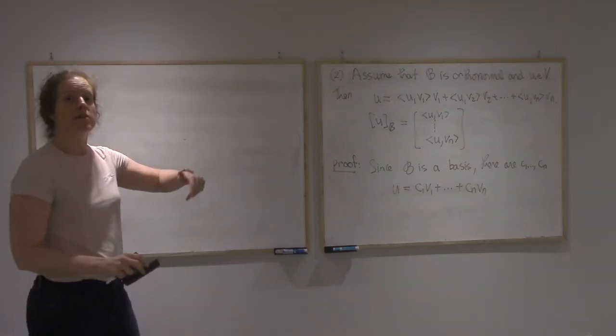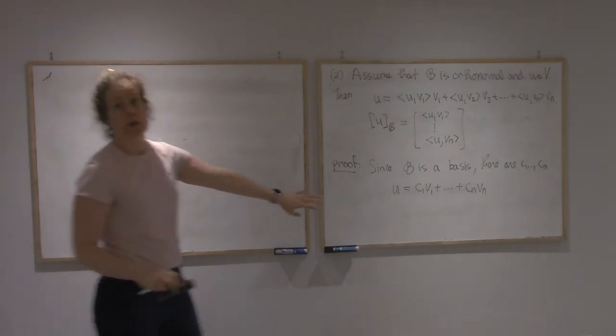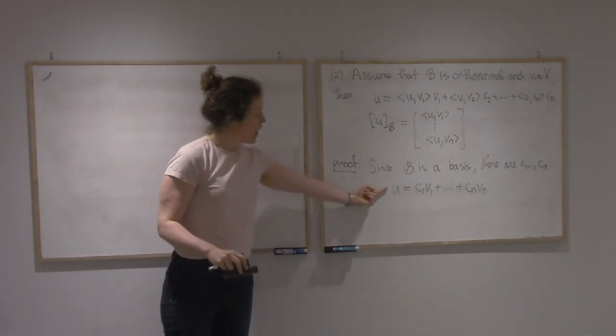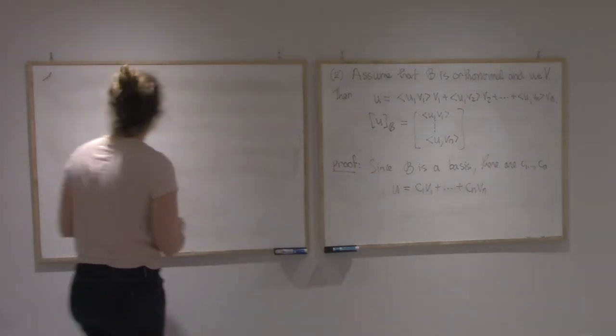So I'm going to do the same thing we did with our zero linear combination in the last proof. I'm going to dot this with Vi.